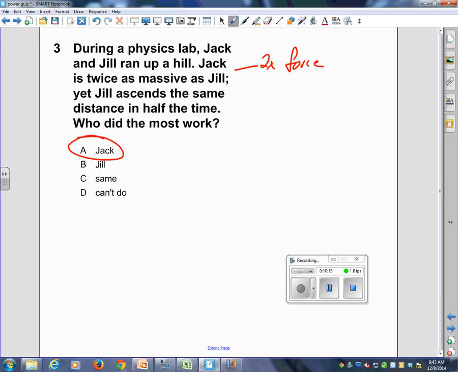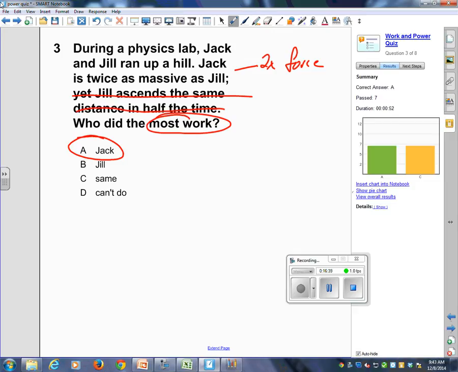And Jill ascends the same distance in half the time. But the question is, who did the most work? Does the time have anything to do with the amount of work? Nothing to do with it. I threw you a curveball. Jack does more work because he has to apply twice as much force. The time makes no difference at all. Correct answer is A, Jack.